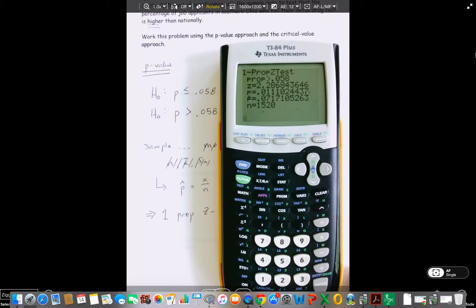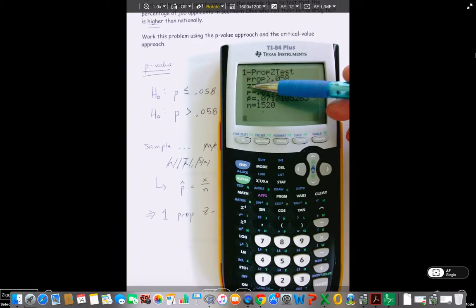Hit calculate. We got tunnel vision on one number. Now notice this is no longer a t, it's a z because it's a different test for a different type of problem. This is a percentage problem. They work by a z distribution. But our p-value is 0.0111.